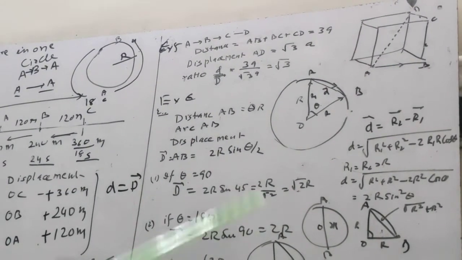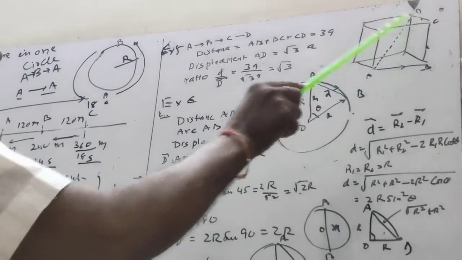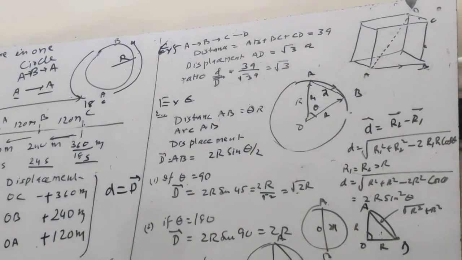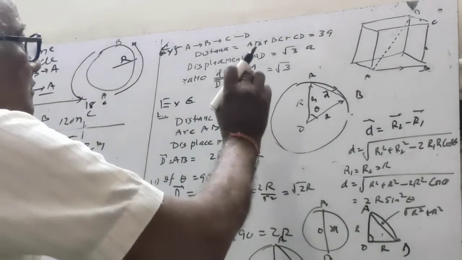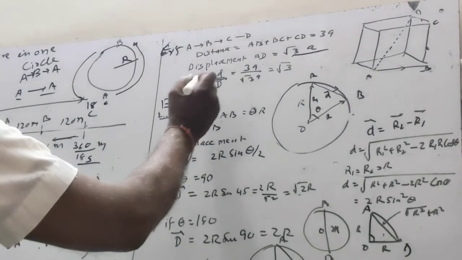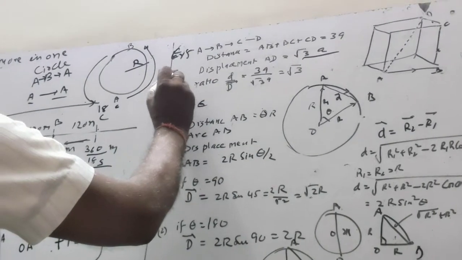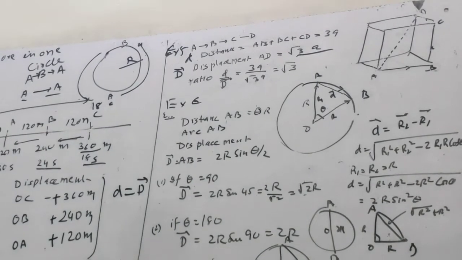Now what will be the displacement? Displacement will be the diagonal AD, and the value of the diagonal is under root 3 times A. So capital D is the displacement, and this is small d, the distance.